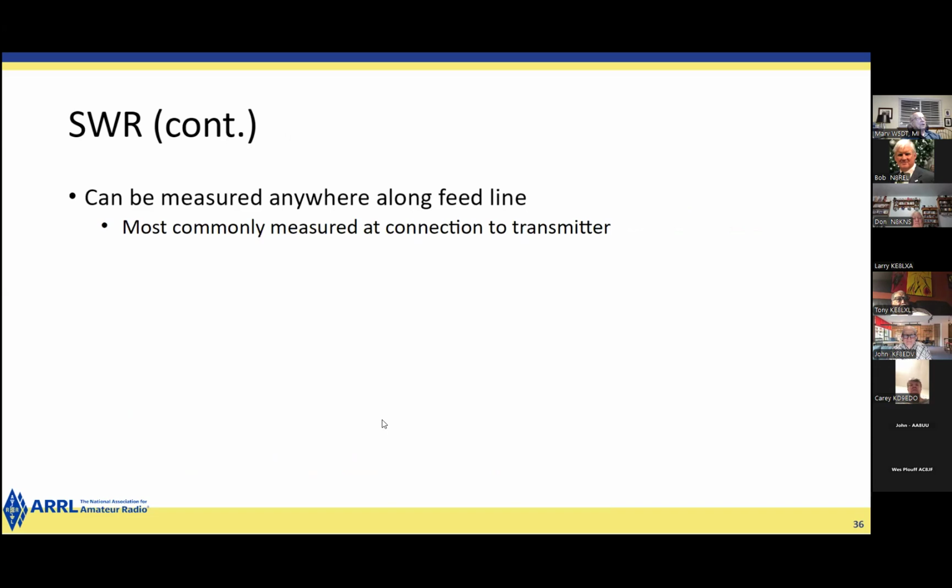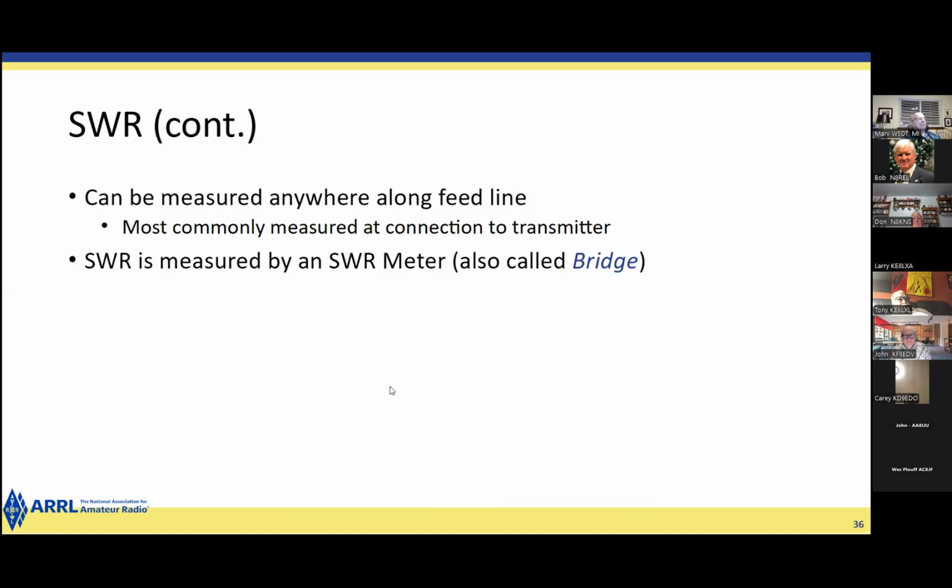It can be measured anywhere along the feed line, but it's usually measured at the connection to the transmitter. It's measured by an SWR meter, which is often called a bridge.